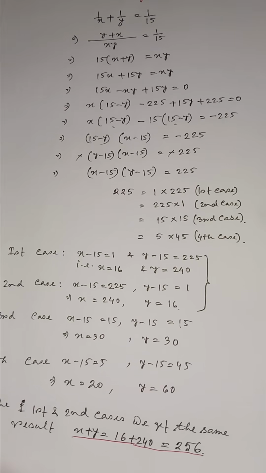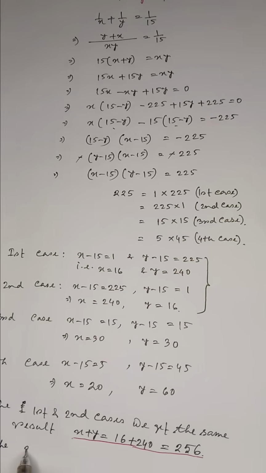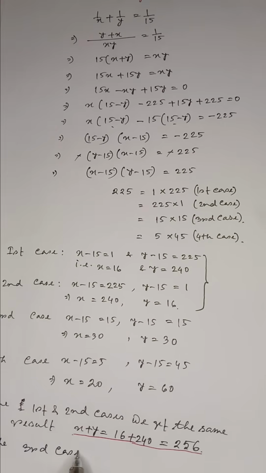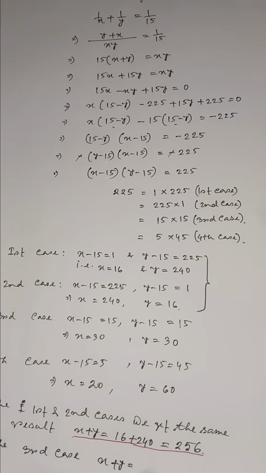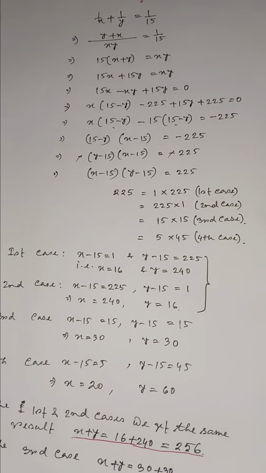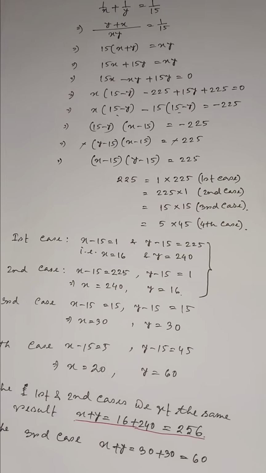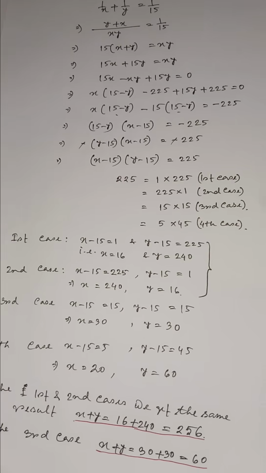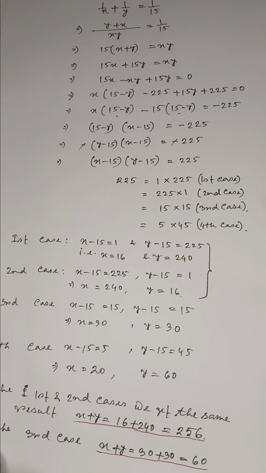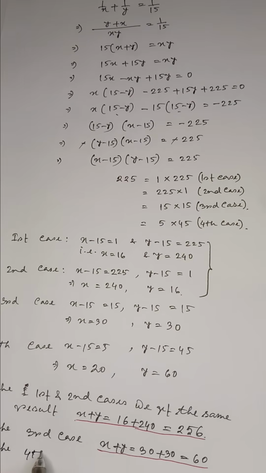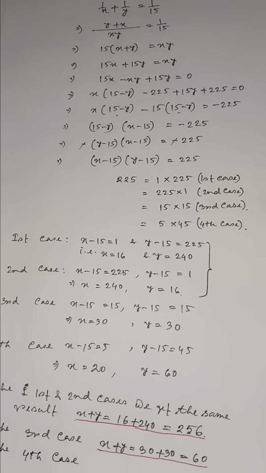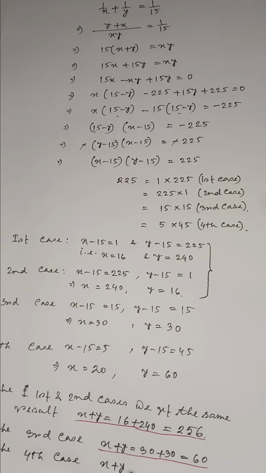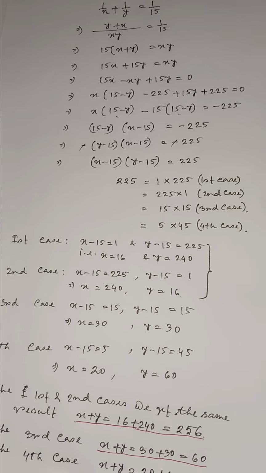In the third case, x plus y equal to 30 plus 30 equal to 60. And in the fourth case, x plus y equal to 20 plus 60 equal to 80.